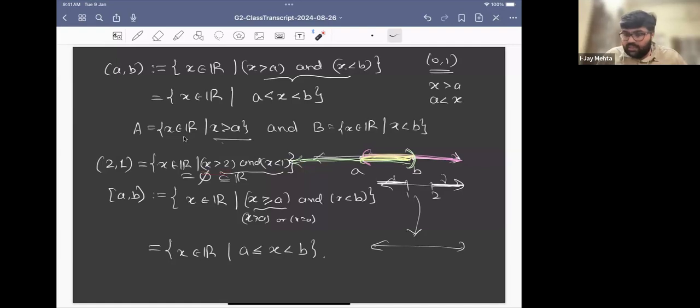Or, as Anwar said, we can have a real number which is greater than 2 and less than 1. So I can write 2 is less than x is less than 1. By transitivity, this would imply 2 is less than 1, which contradicts the fact that 1 is less than 2.